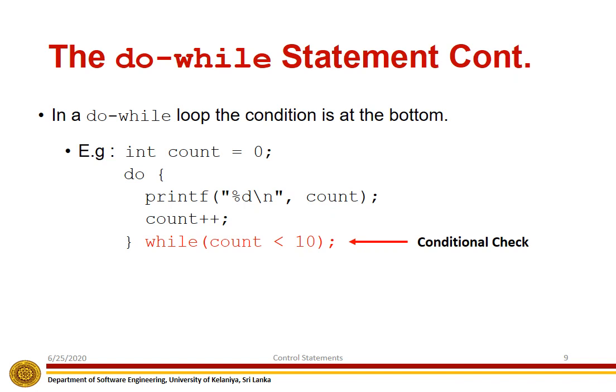But in here, statements are evaluated and then the condition is checked. So 10 also prints in here. Every while loop can be rewritten as do while, but not the reverse, because in the false condition, this will be evaluated once, but the while loop will not be evaluated when the condition is false.